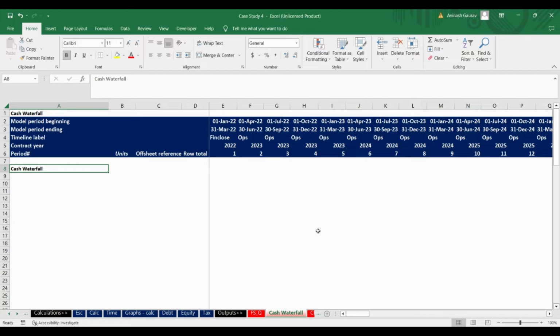Cash waterfall is basically a mechanism in which you are paying for the expenses according to their seniority. Now, what is the seniority I am talking about?